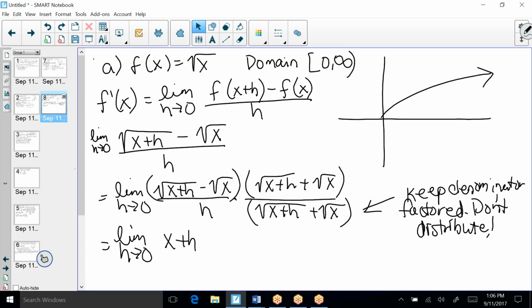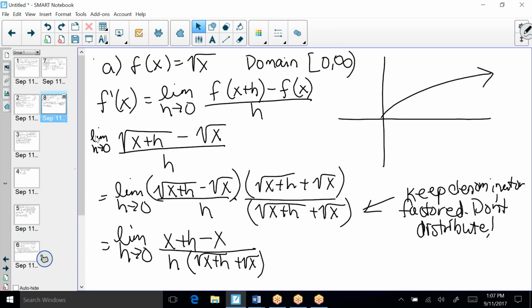And then we have minus root x times root x. So it's just x, right? So it looks like it's going to be really complicated, but it makes it a lot easier when we do that. Seems like it's a big mess at first. And then the denominator, we're not doing anything with it. We're just leaving it h times square root of x plus h plus the square root of x.